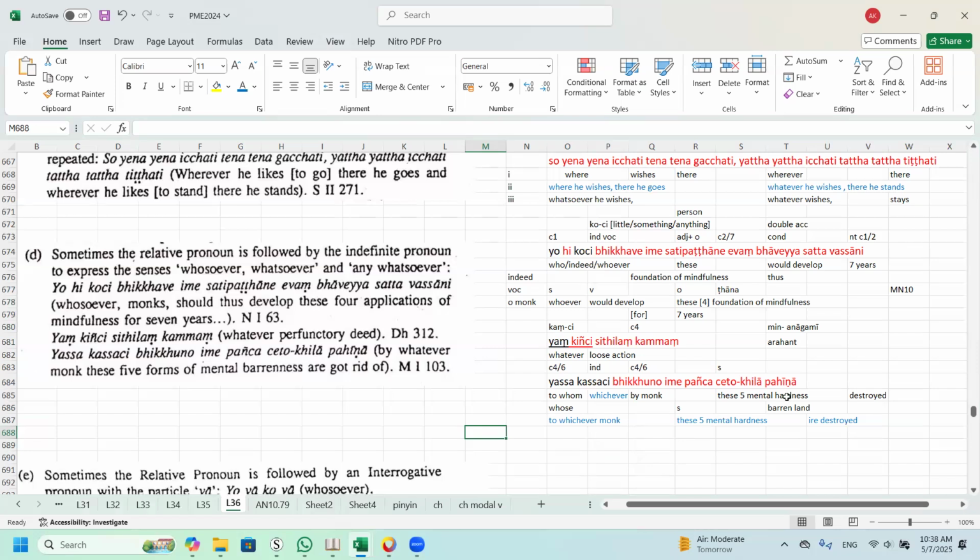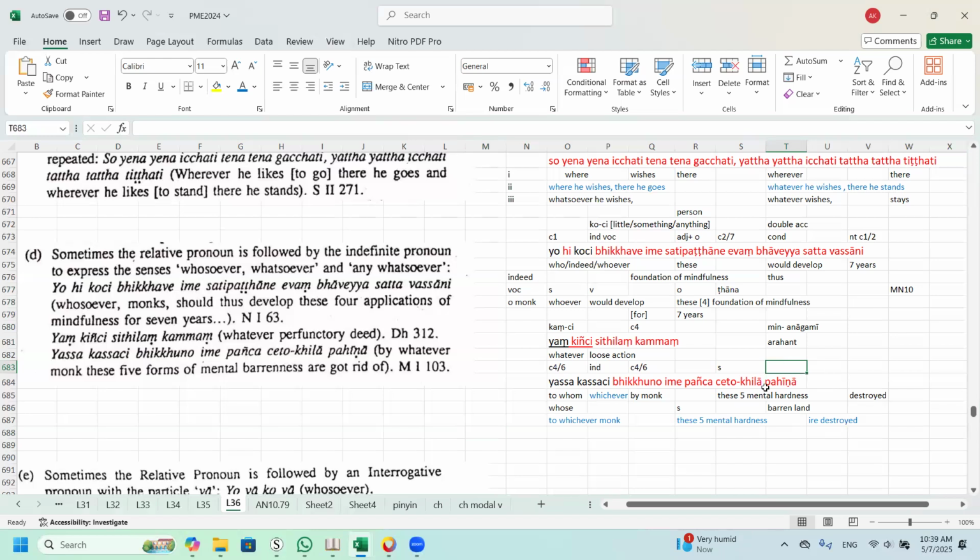Kilesa means hardness. Another meaning of kila means a barren land. Okay, now what here is, this is pahīna. Pahīna is a verb. Is a noun, but it's referring to destruction. Here it means destruction.